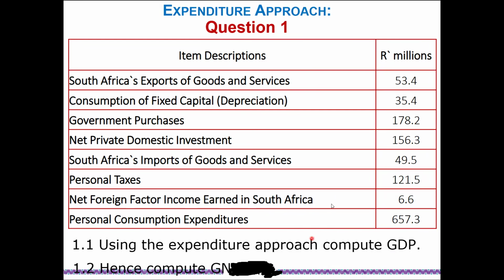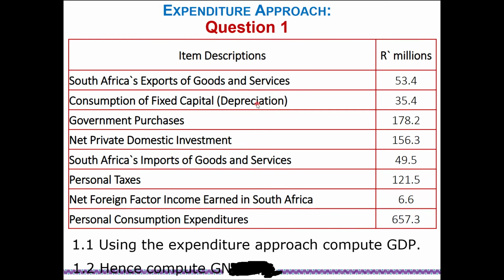So we're going to say consumption by households, which is C, which is 657.3, plus investment I, consumption of fixed capital. In the expenditure method, it is added as investment.